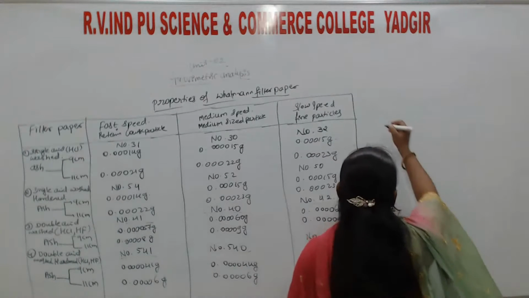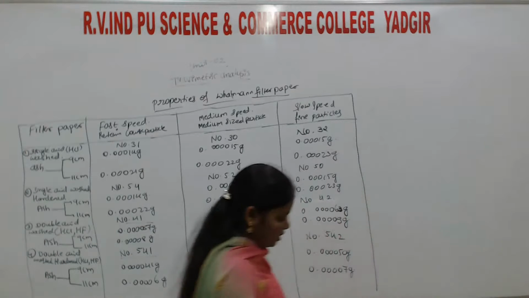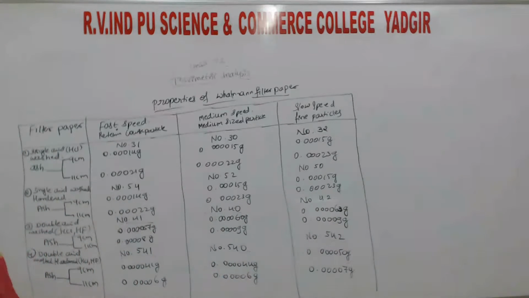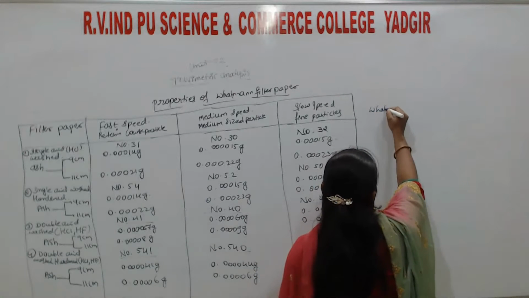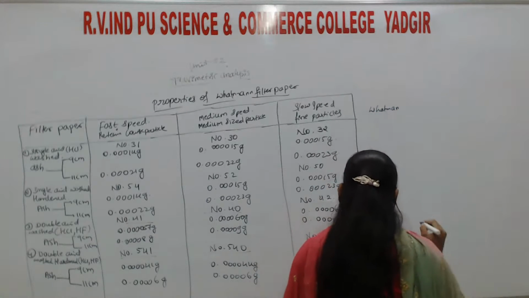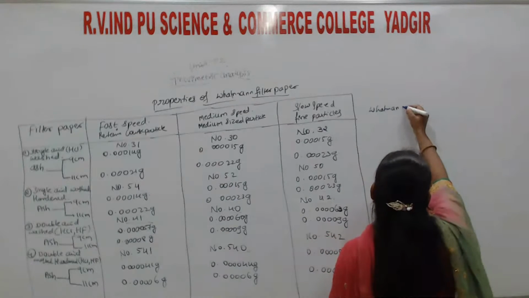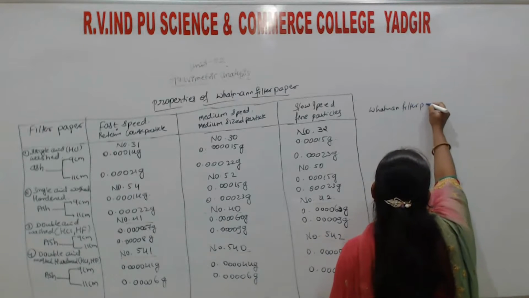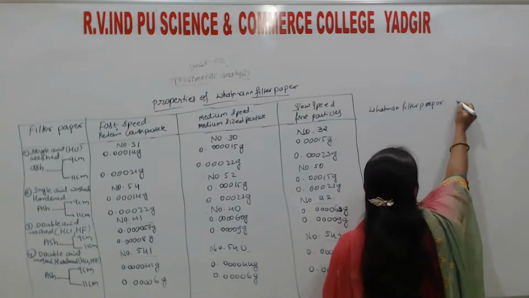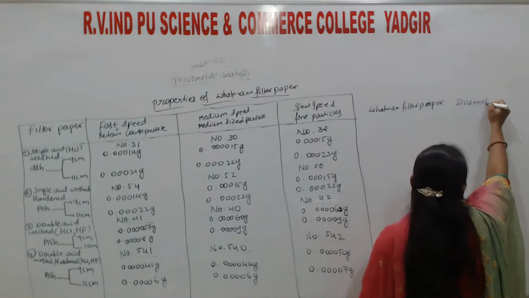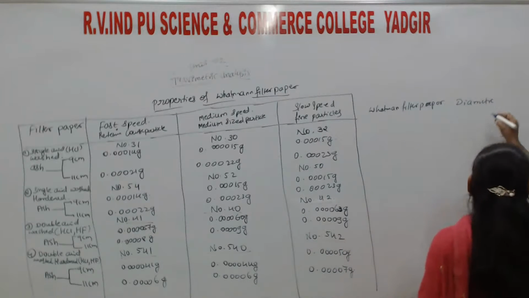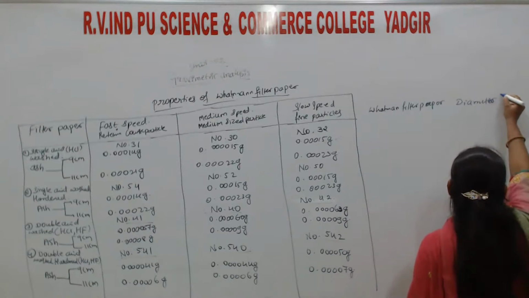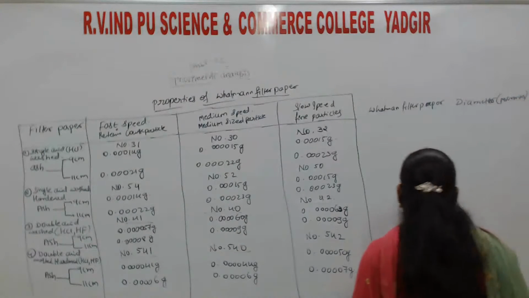Micron is the unit for the Whatman filter paper diameter. It is written in microns.